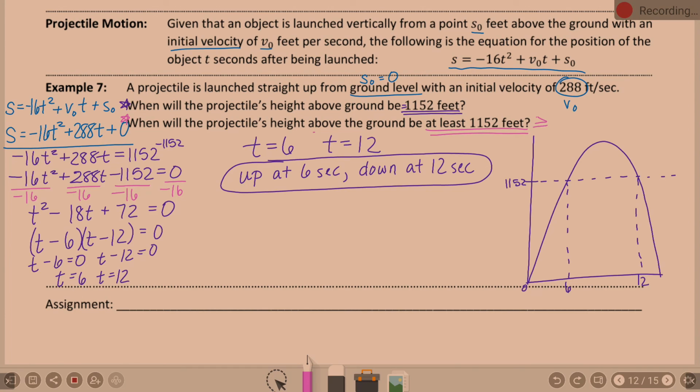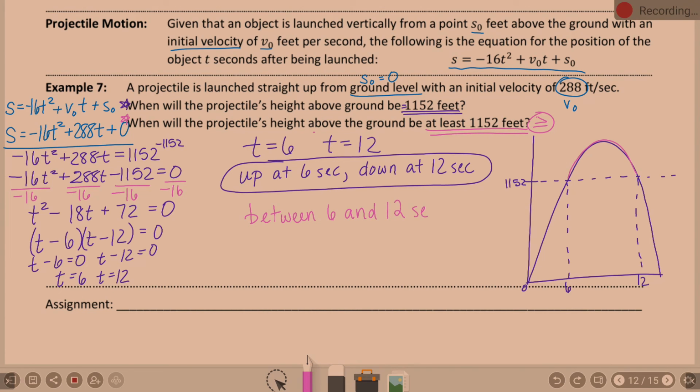Okay, so greater than or equal to is what you're asking. When is it greater than 1,152 feet? Between the 6 and 12, yes? So for the second piece, I'm going to say between 6 and 12 seconds.